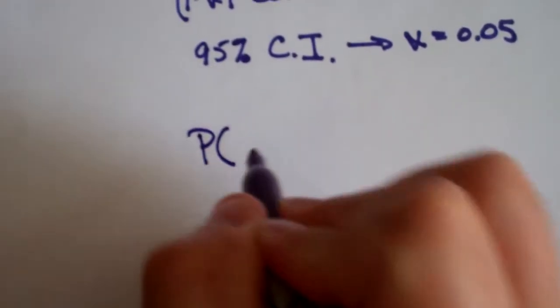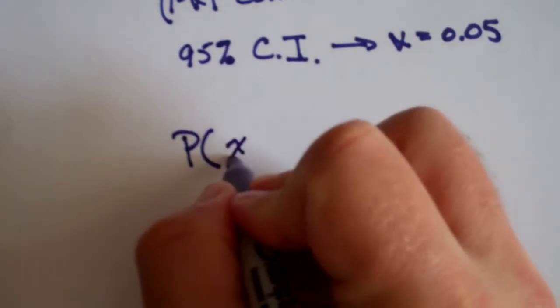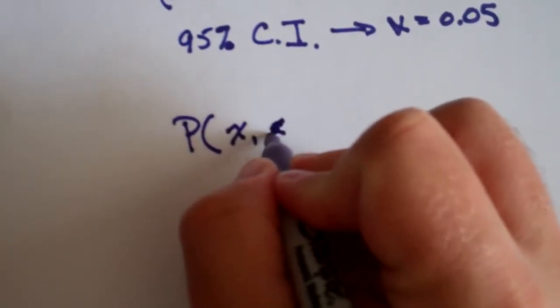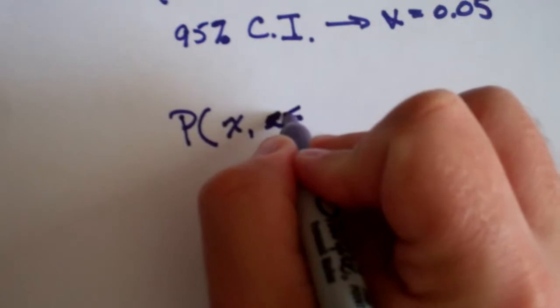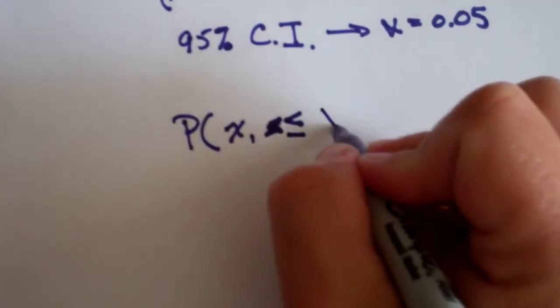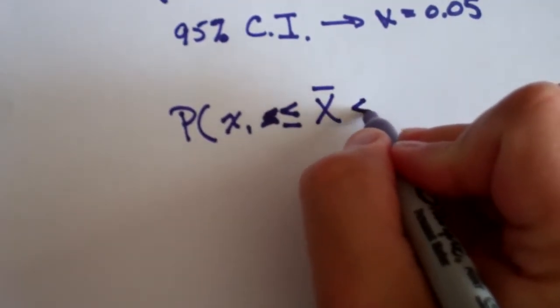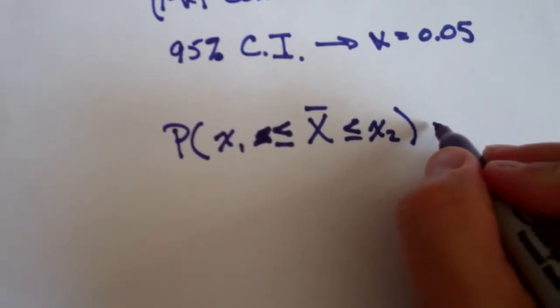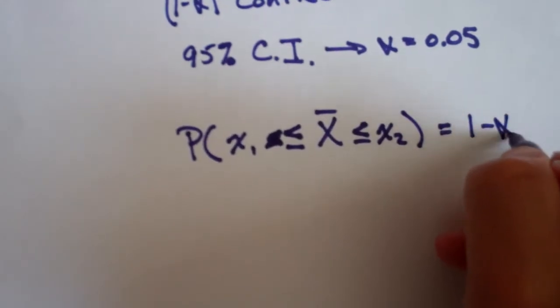Now this relates to probability, and we'll take a look at our probability in terms of our sample mean. We take a sample mean. We expect it to fall between two limits with the probability of 1 minus alpha.